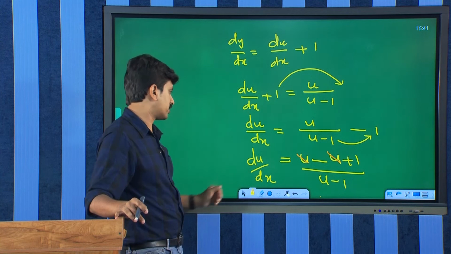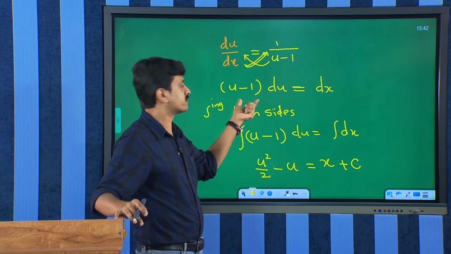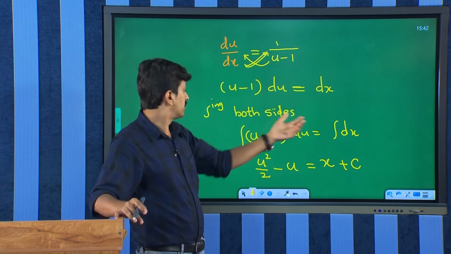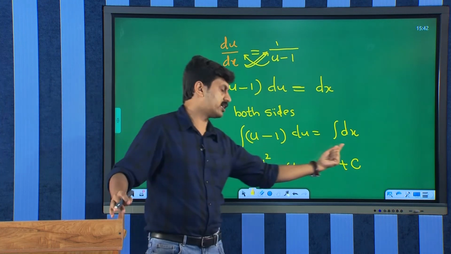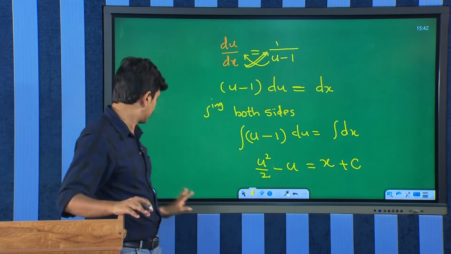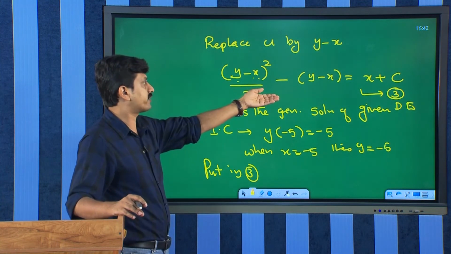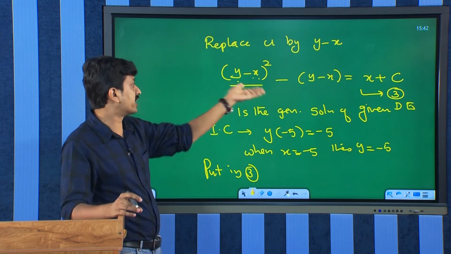Then we separated the variables, and while separating we found (u minus 1) du is equal to dx. While integrating both sides, we have the general solution in x and u. We replace u by y minus x. So we have equation 3, which is an equation in y and x.